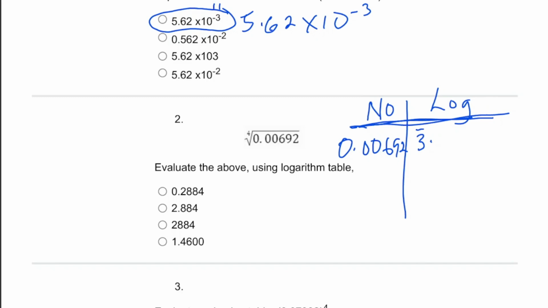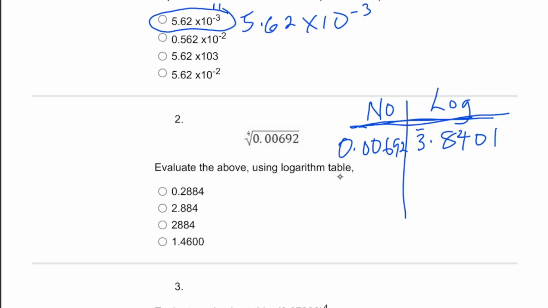Now what we're going to check is 69 under 2. Please make sure the table you are checking is named logarithms of numbers. So logarithm of what? Number. Logarithms of numbers. Then 69 under 2. That gives us 8388. And 69 under 2, that is 8401. So that's what we have there.